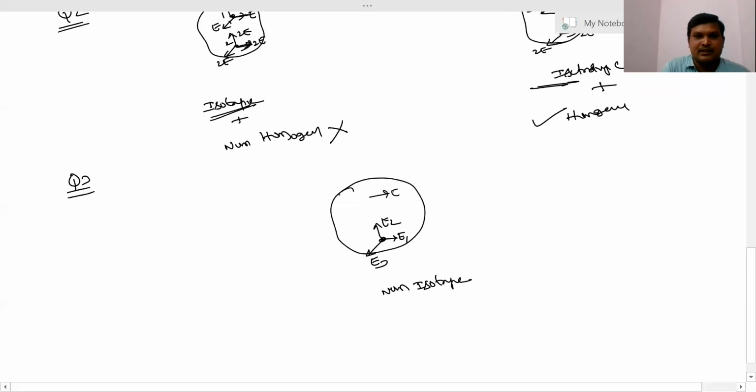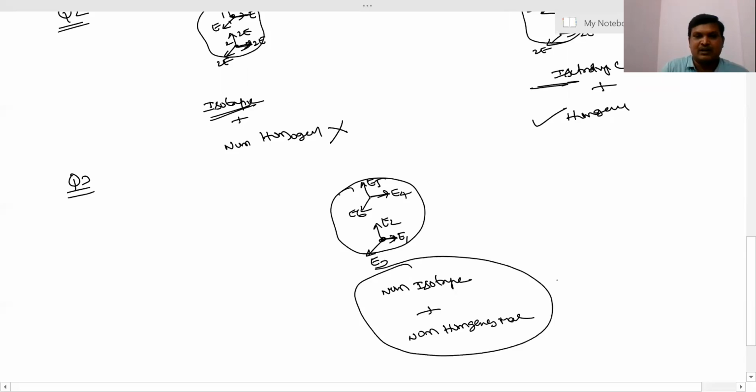Again, this is E4, this is E5, this is E6. Again, this point also is non-isotropic. But in a given direction, E1 and E4, this is non-homogeneous material. So this is very, very difficult.